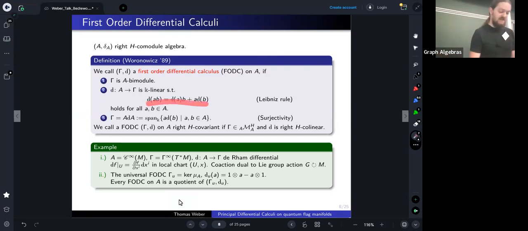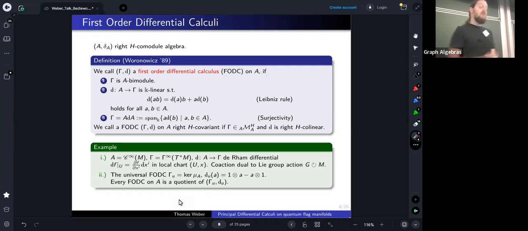And here you can see that we really need a bimodule, otherwise this definition doesn't make sense. And the third property, we would like every element of Γ to be writable as a finite sum of a db. This is sometimes called the surjectivity property. So this is what a first order differential calculus is.